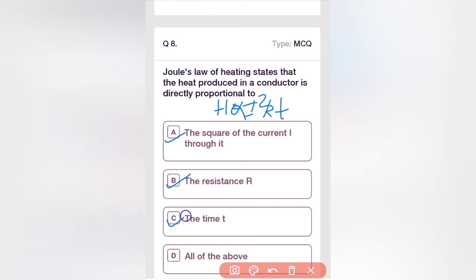Resistance, correct? Time, correct. So all of the above would be the correct answer, option D.